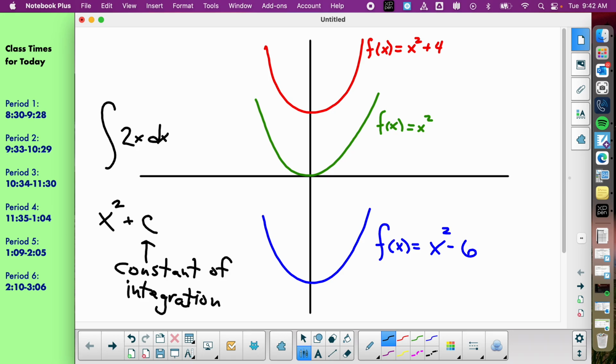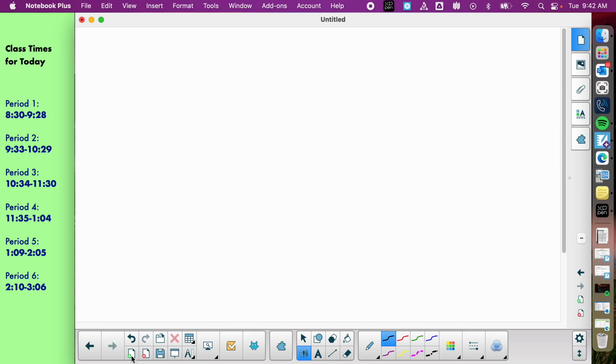But then, here's where students get confused. There's 2 types of integration problems. These look very much similar. I mean, they're not the same, obviously, one has numbers.